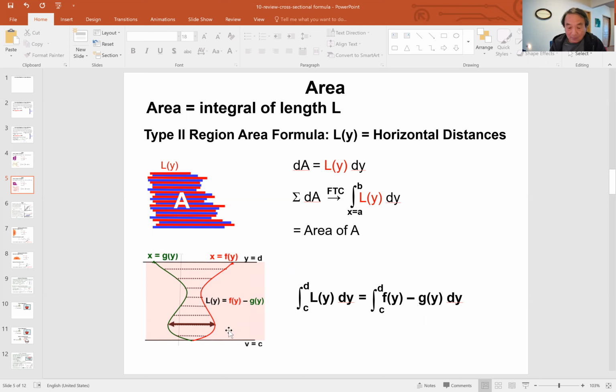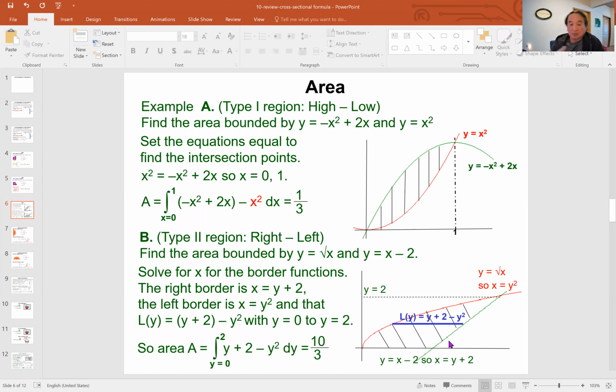Then I know the right-hand formula in terms of y, and the left-hand boundary in terms of y. So I use the principle of the right-hand point in y minus the left-hand point in y, over whatever range y goes from. These are the two different situations.